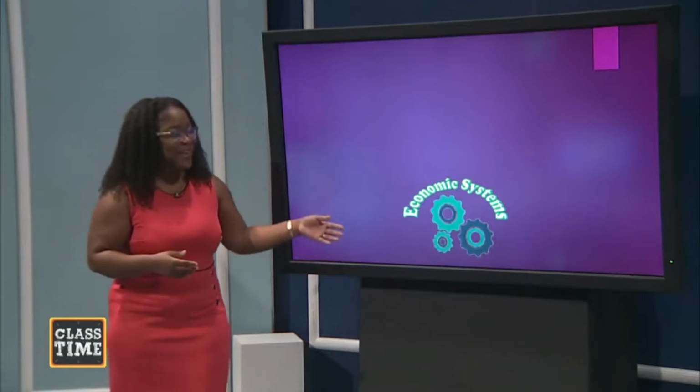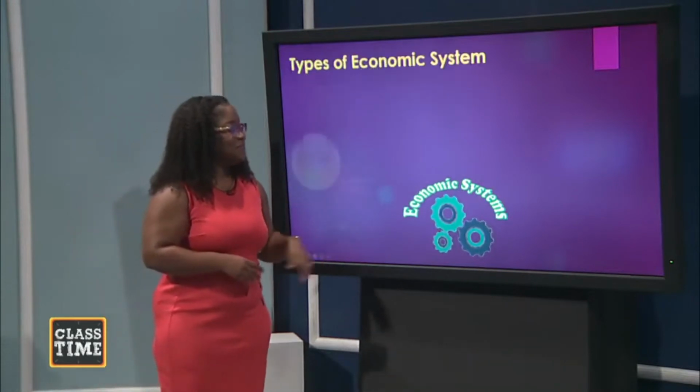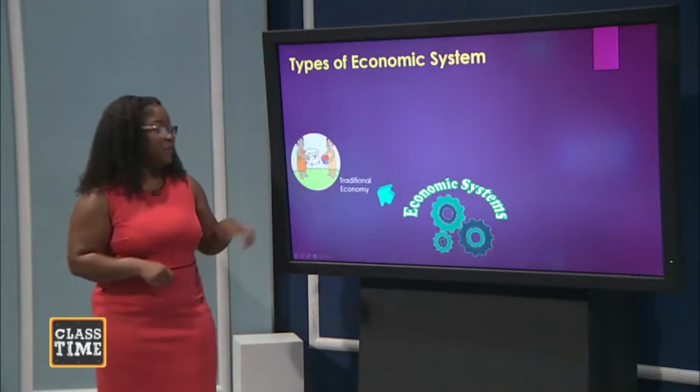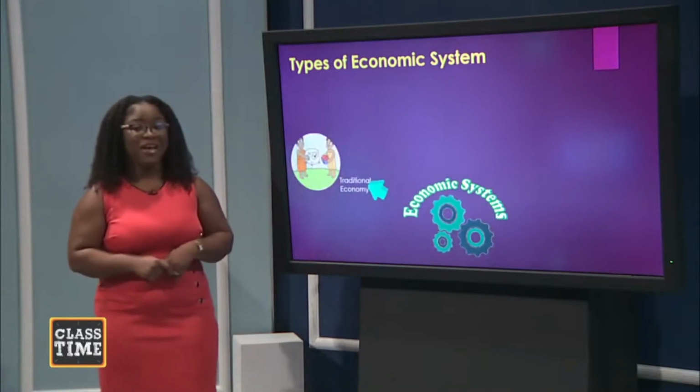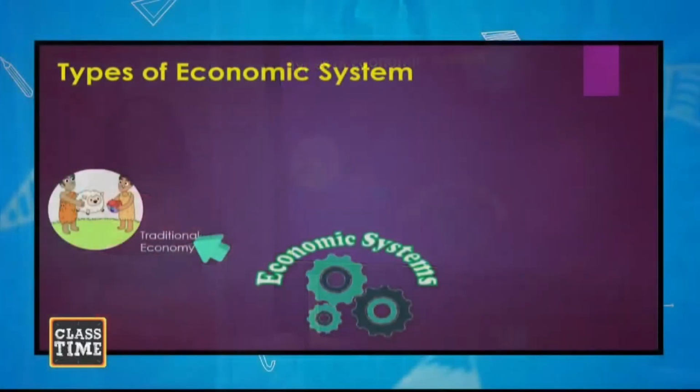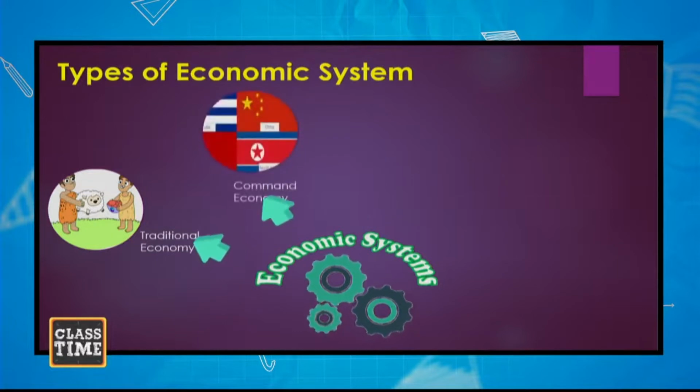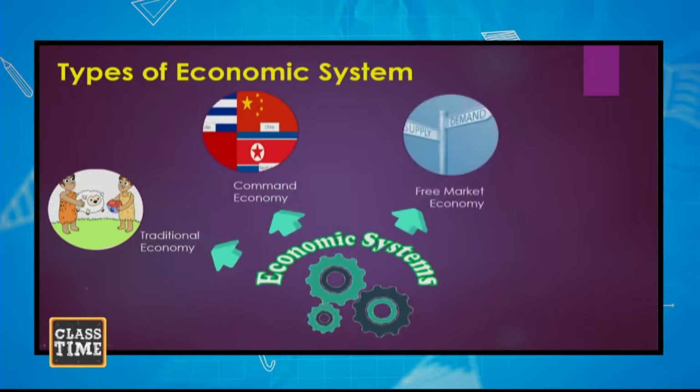Let's look at the meat of the matter, the economic systems. So the first economic system we have here is the traditional economic system. And if you were listening last week, you would have heard us describing the subsistence economy, and it's the same economic system, the traditional economy. Then we have our command economy. We're going to explore that as well.